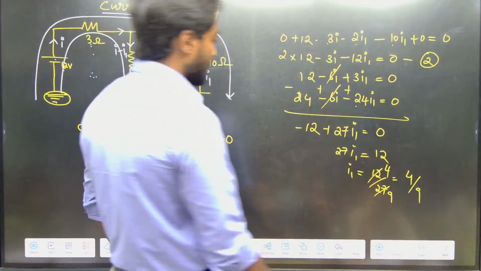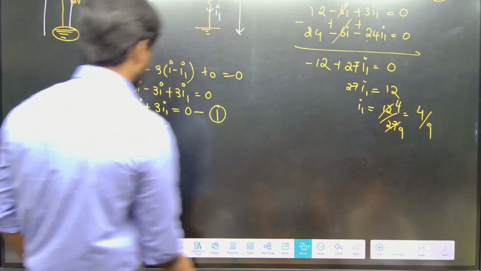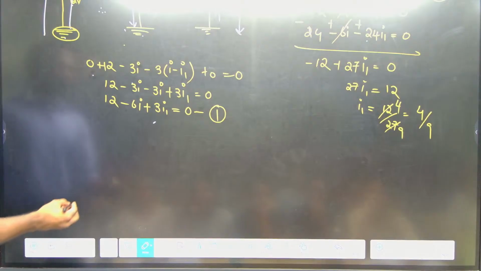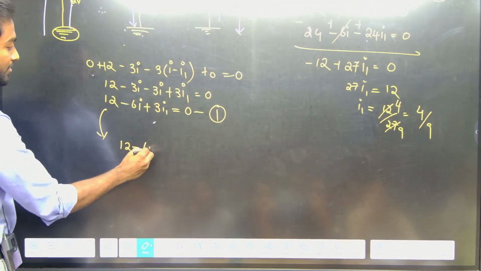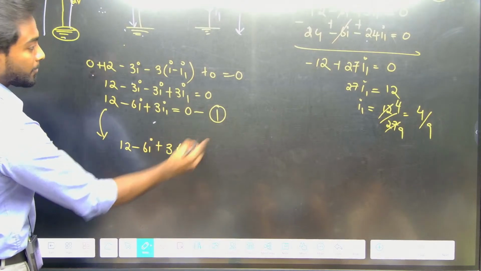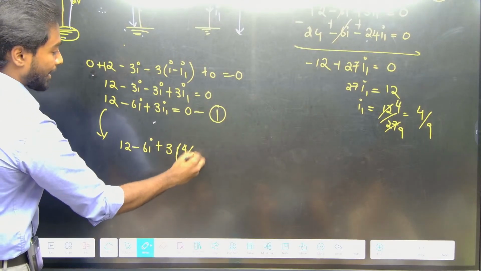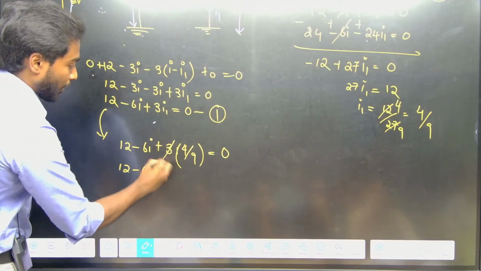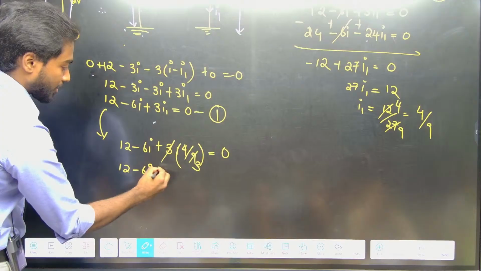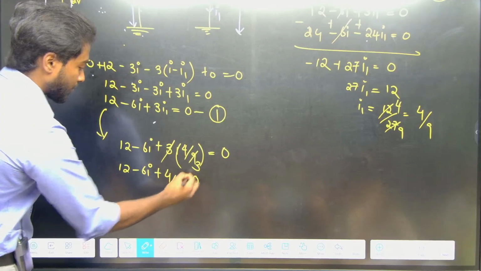Then okay, we'll see what is about I. So can I take this equation only? So 12 minus 6i plus 3 times 4 by 9 equals to 0. So 12 minus 6i plus 4 by 3 equals to 0.